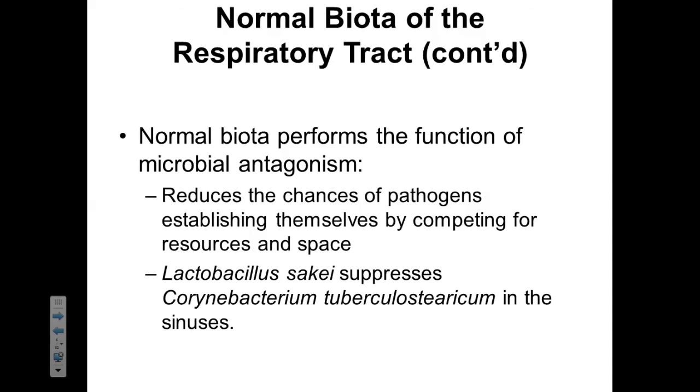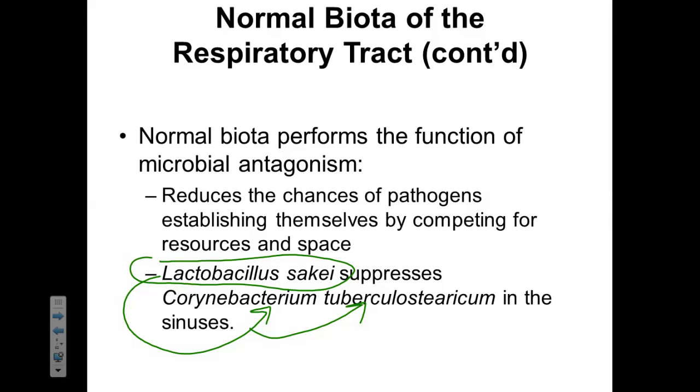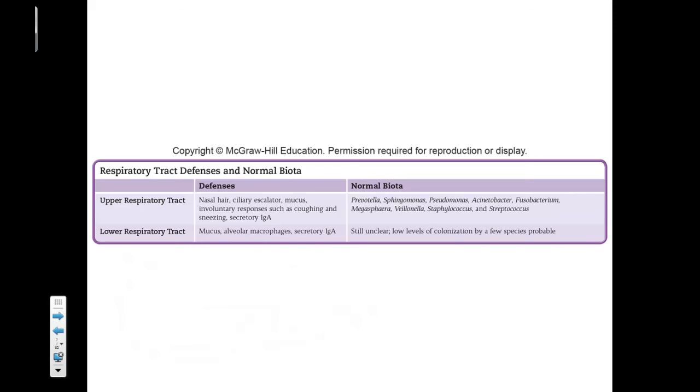If we look at Lactobacillus sakei in particular, this bacterium suppresses Corynebacterium tuberculostearicum within our sinuses. In other words, the presence of this commensalistic bacterium is going to suppress that pathogenic bacterium from growing.